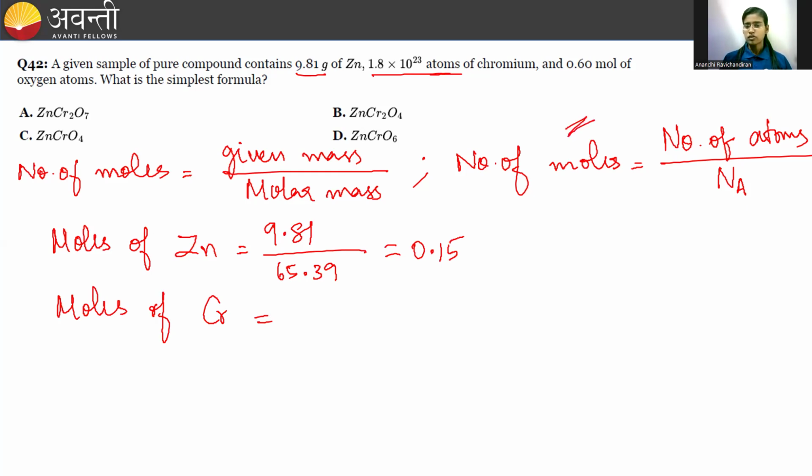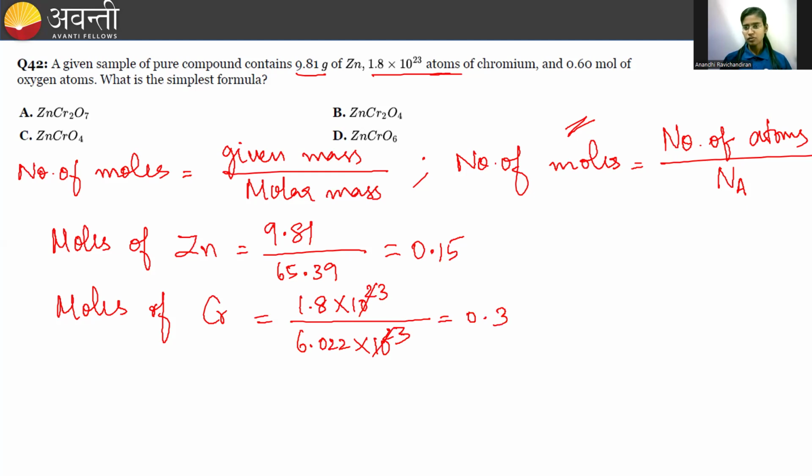The number of moles of chromium is equal to the number of atoms, 1.8 into 10 to the power 23 atoms of chromium, divided by the Avogadro number, which is 6.022 into 10 to the power 23. Now if we cancel and divide 1.8 by 6.022, we will get 0.3 as the answer.